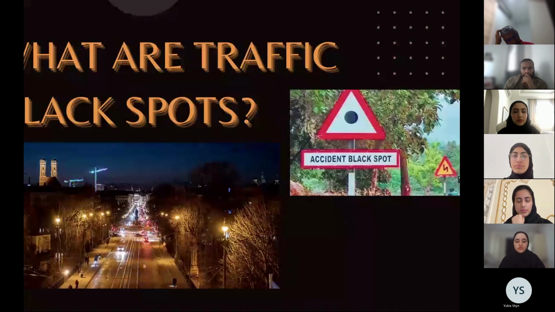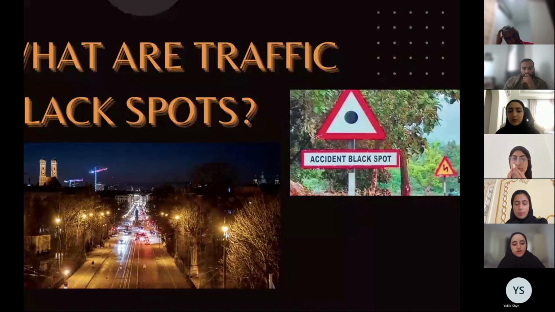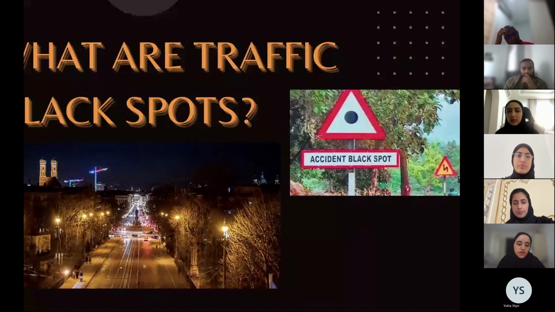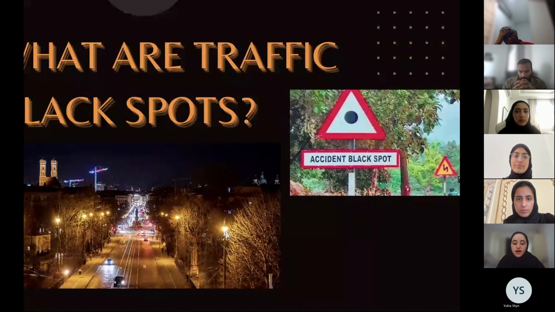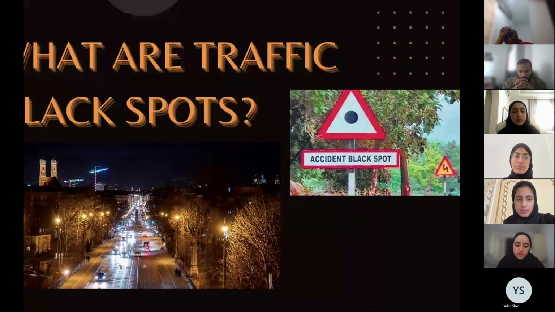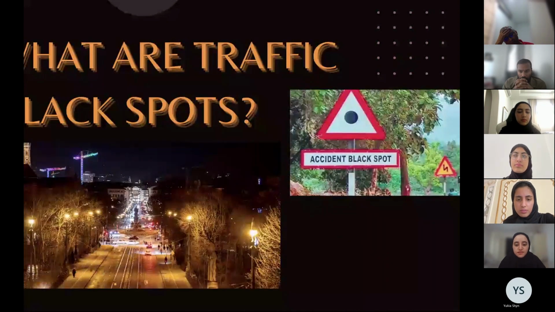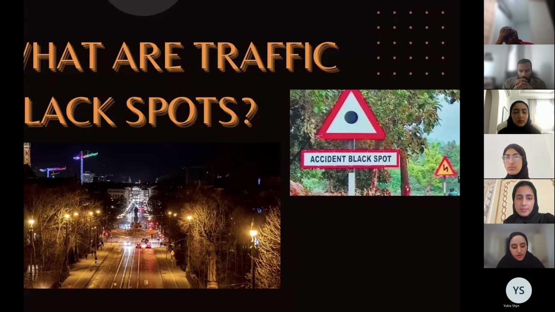Now, what are traffic black spots? A black spot is a risky location or area where certain problems or accidents commonly happen. The first step to improve road safety is to identify those black spots and spread awareness about them by hanging a clear sign on the way to warn of caution.